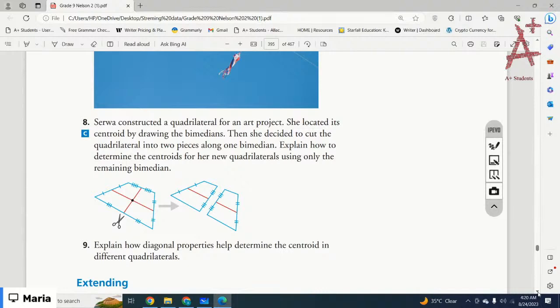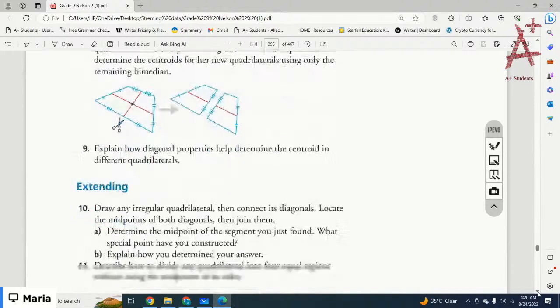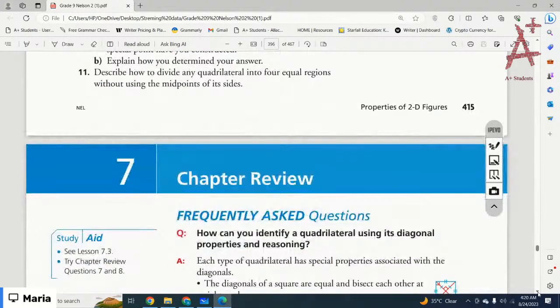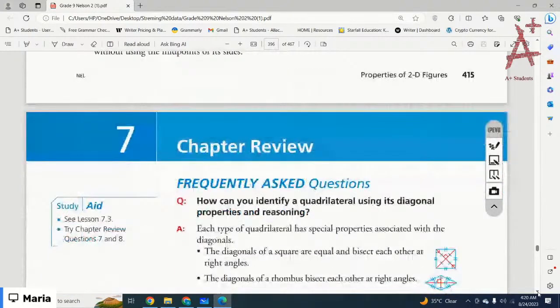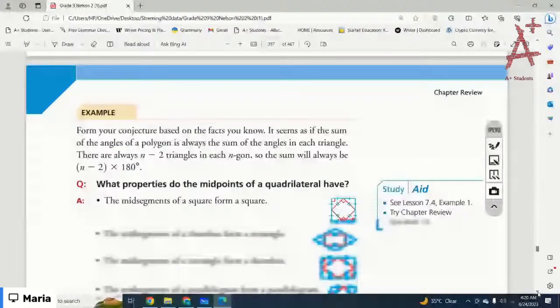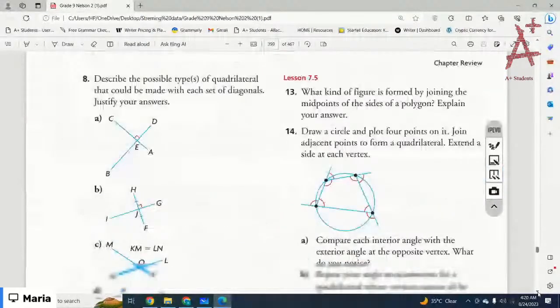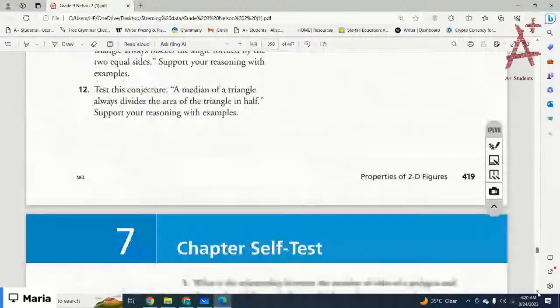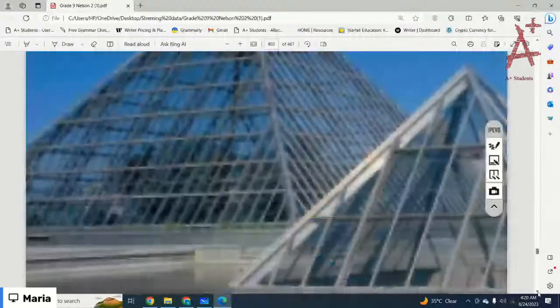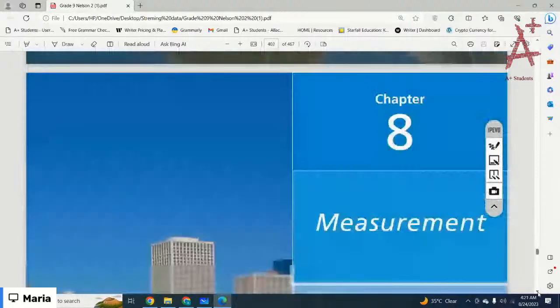Okay, so we are done with chapter 7. We're going to start with chapter 8, and chapter 8 is measurement.